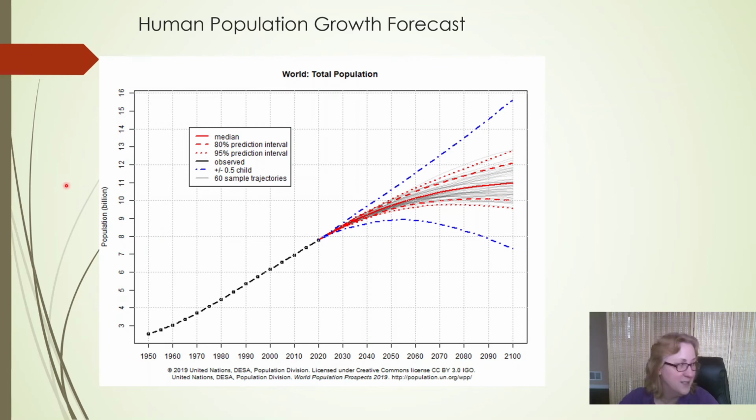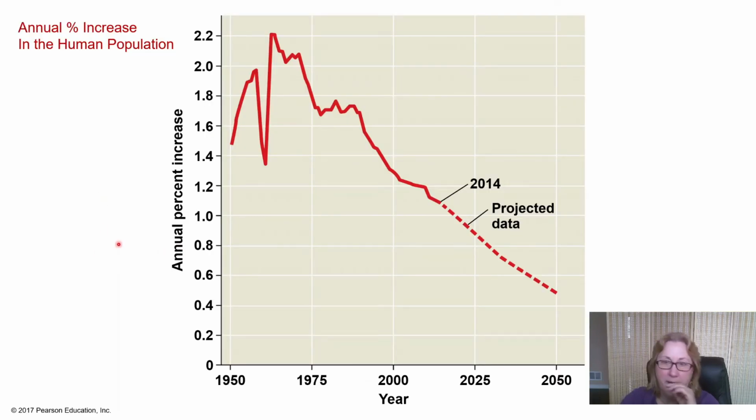People are making the decisions based on their own lives and not listening to that. But I'm happy about this. I'm very happy that it looks like we are approaching a stable number. So another way to look at this is by the annual percent increase in the human population.